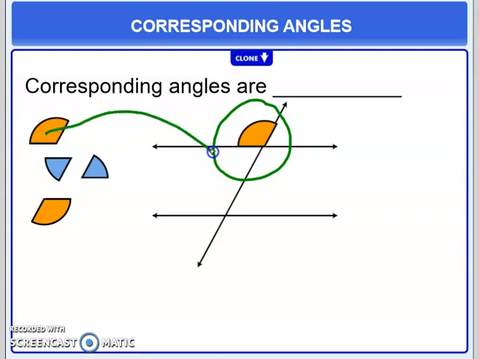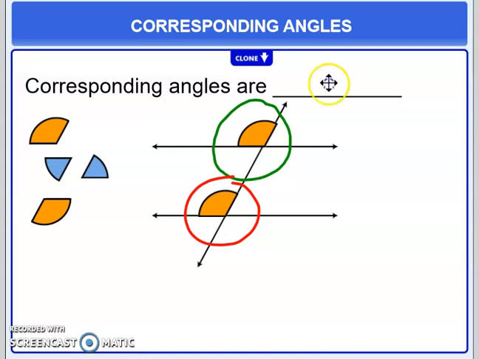Well, that means that this is going to be the corresponding angle because it's also in the upper left in this diagram, right? So they're going to be in the same general location. And notice that they're both orange. So if they're both orange, they're congruent.